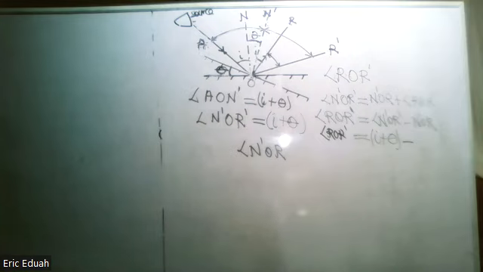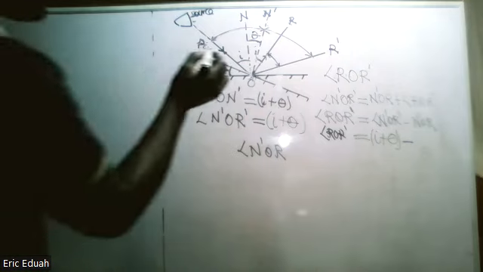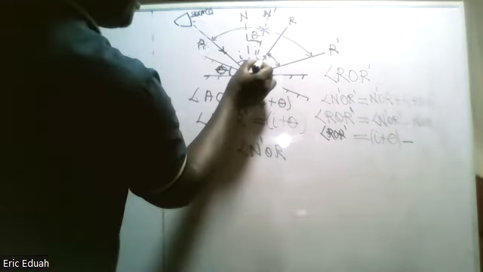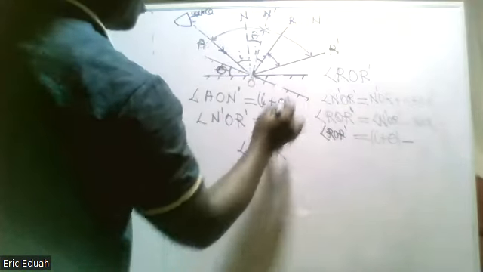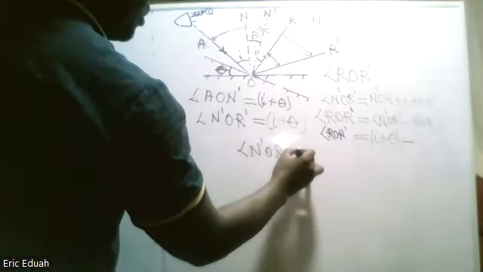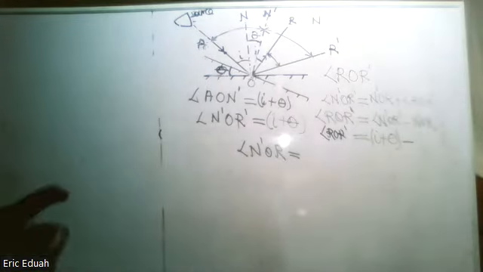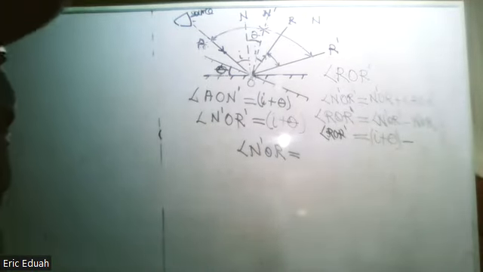Okay, I'm back. So, class, what did you get for this small angle N prime O R? Let me have your views, whatever you got for that.